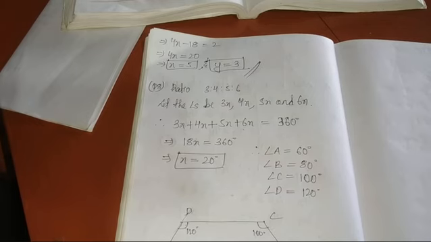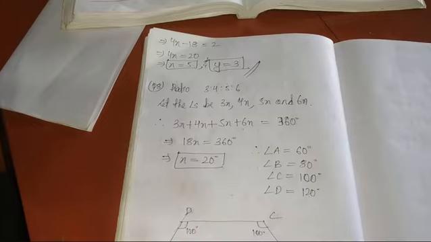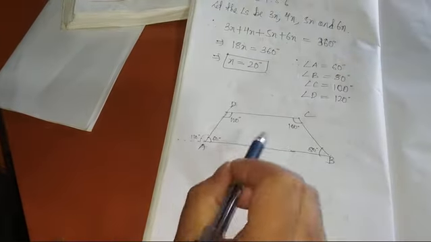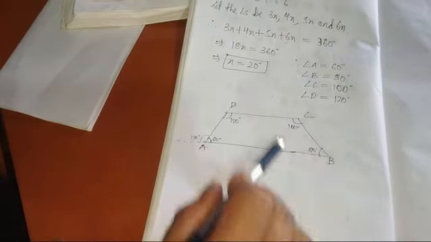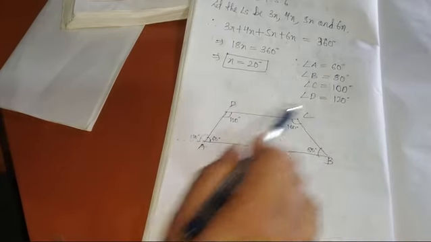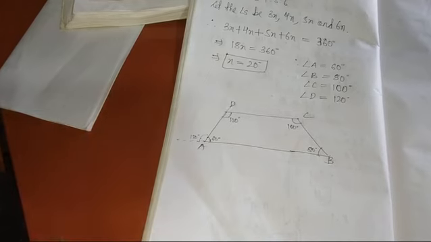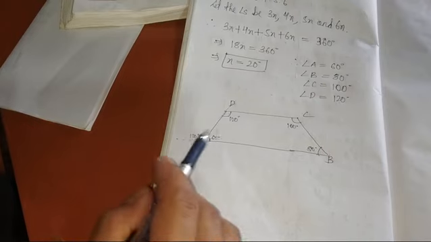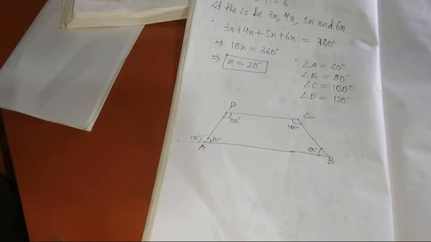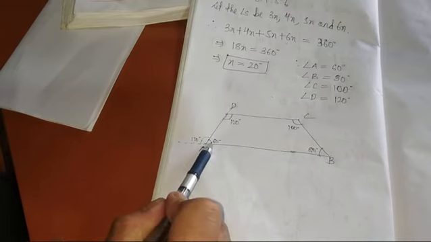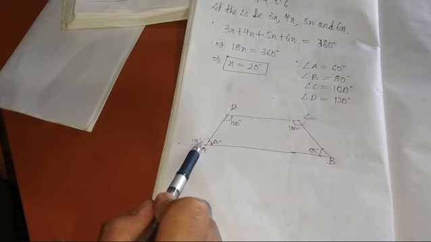The question is that we should prove this quadrilateral, this four-sided figure, is a trapezium. If I draw the figure out here, a four-sided figure, A is 60, B is 80, C is 100, and D is 120 degree. Now, we know that the sum of the interior and exterior angle at every vertex of a polygon should be equal to 180 degrees. So this is 60, so its exterior will be 120 degree.